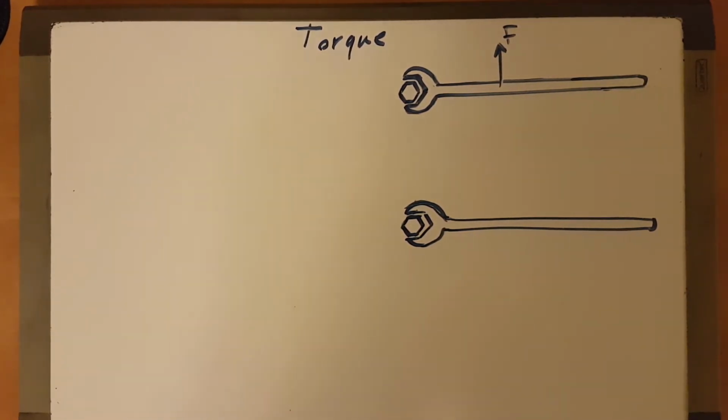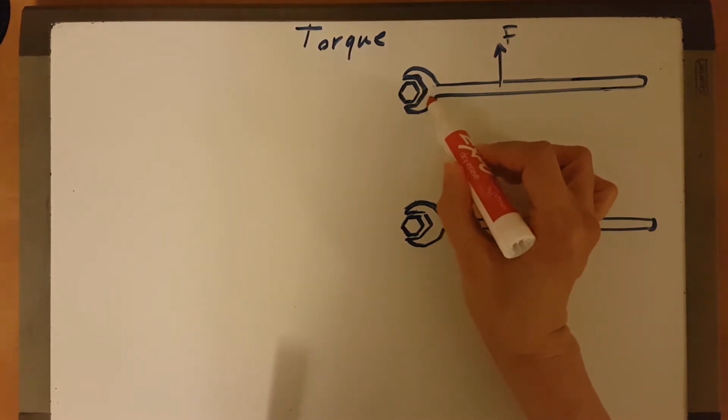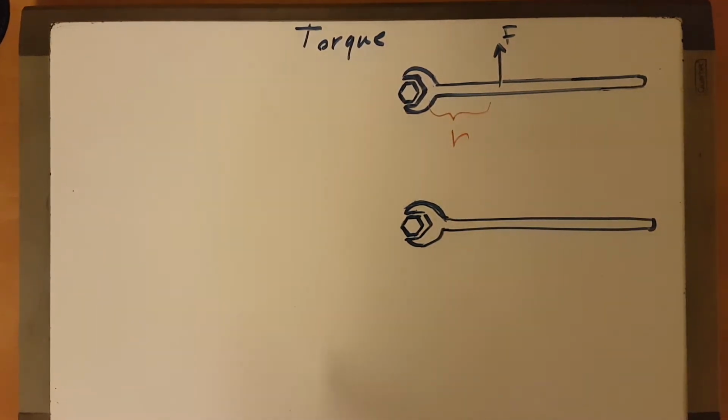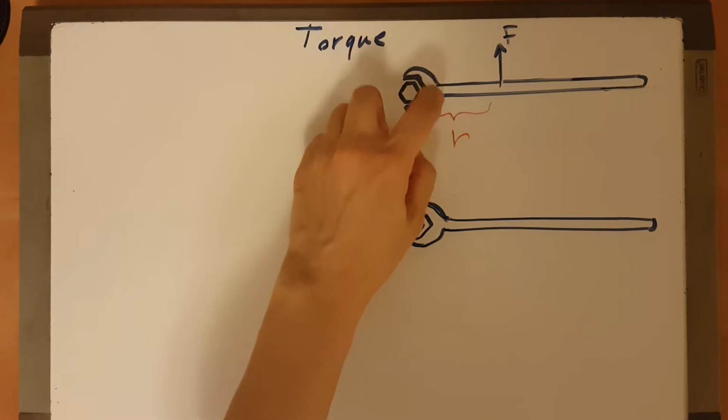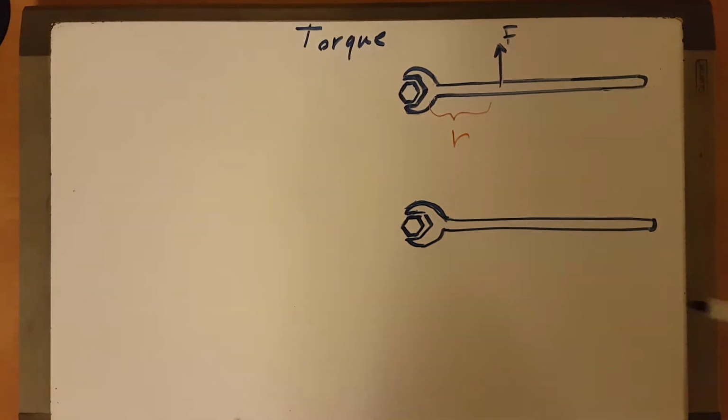Of course, if I applied my force here, this would be my R. My R would be from here to here, let's say this would be the R, right? And I can take this point into consideration, or this point, doesn't matter really.